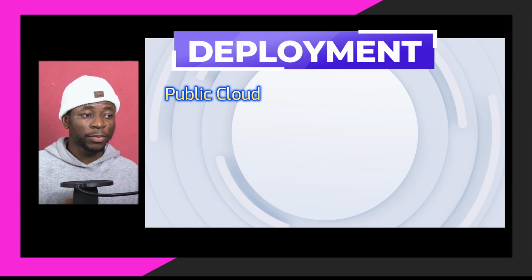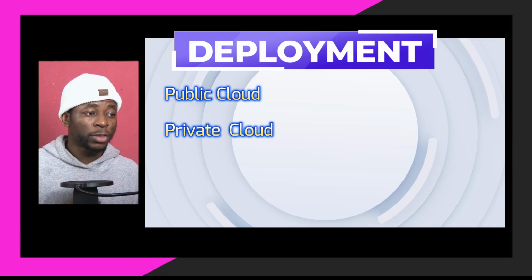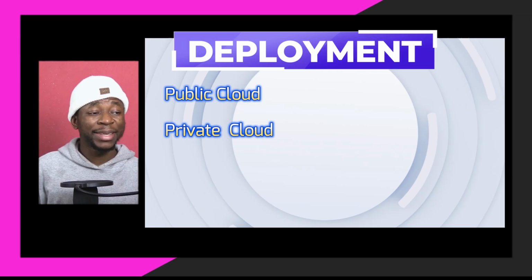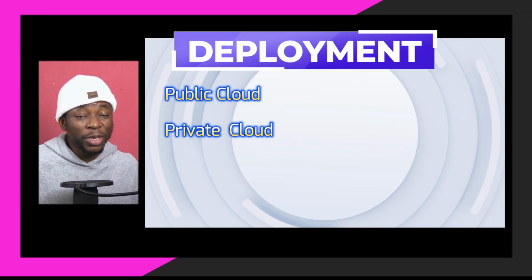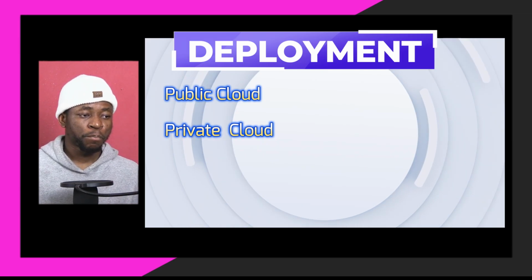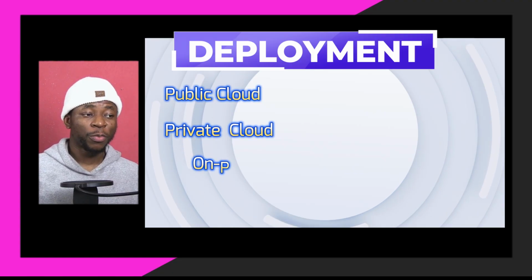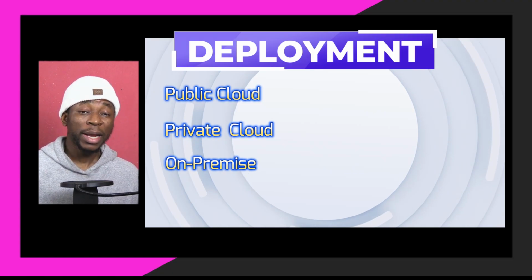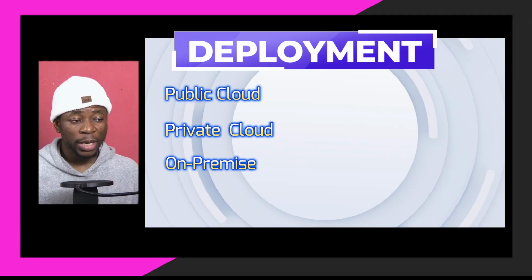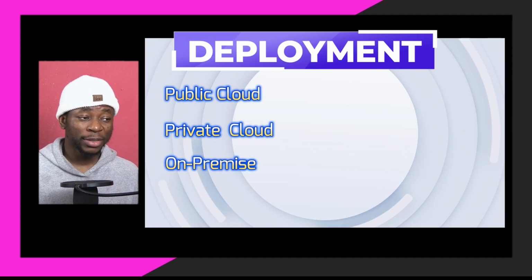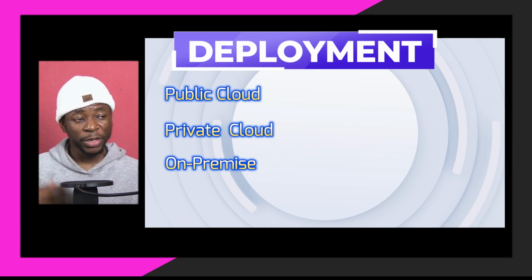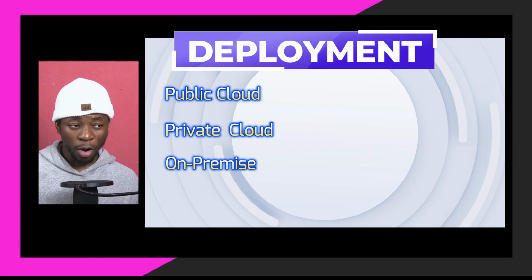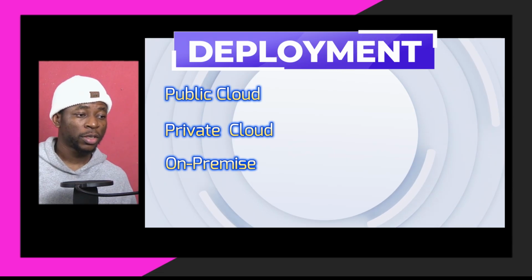There's also the private cloud, which provides more flexibility in customization and integration with semi-annual updates. Then there's on-premise, which offers full control of infrastructure, is highly customizable, and updates are customer-led. Okay, so these are the three methods of deployment: public cloud, private cloud, on-premise deployment.